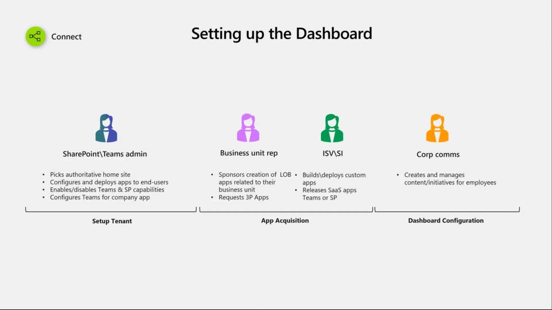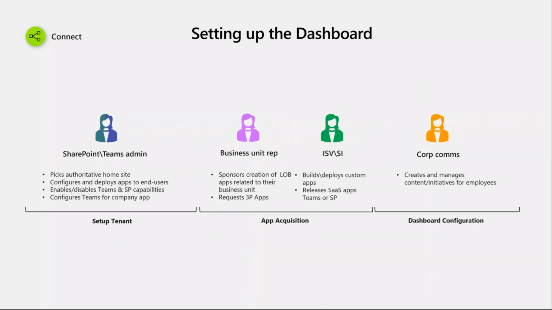The business unit representative is the one that says which applications I want, which kind of information my users need to access, and then interacts with the ISV and/or the system integrator to be sure that the right third-party applications are available.